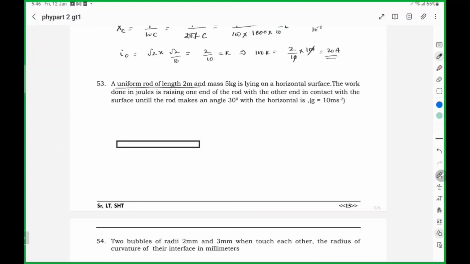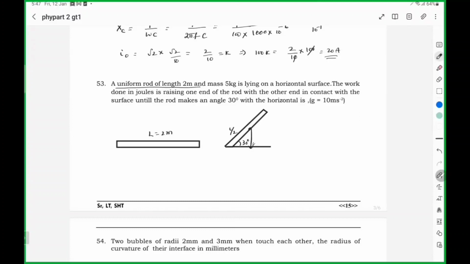The work done in joules in raising one end of the rod, with the other end in contact with the surface, so that the rod makes an angle of 30 degrees with the horizontal. So length of the rod is 2 meters. So weight acts at the center of mass.